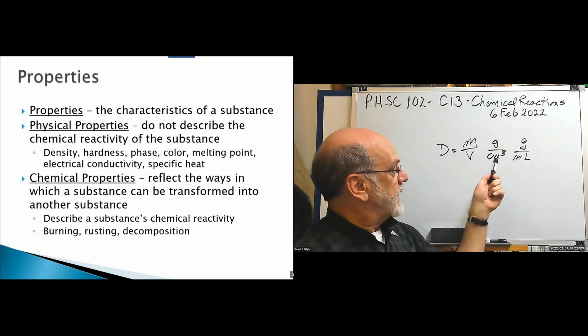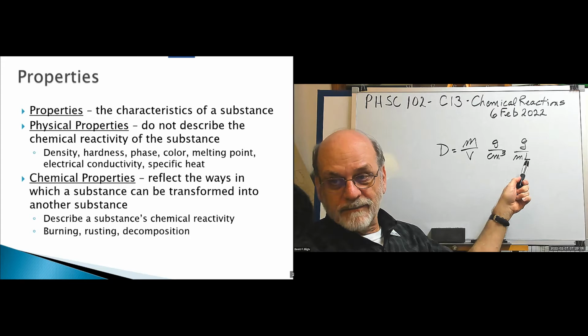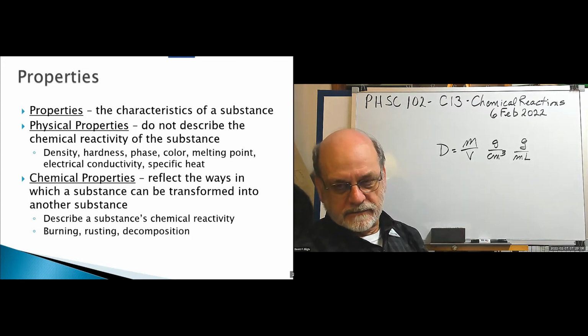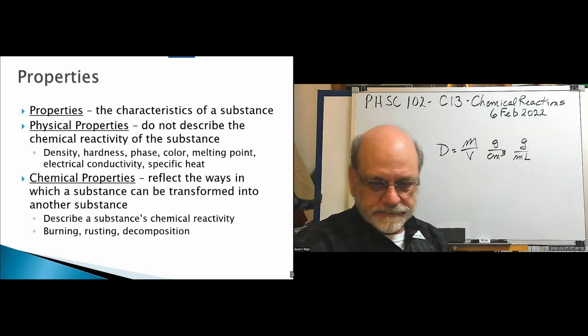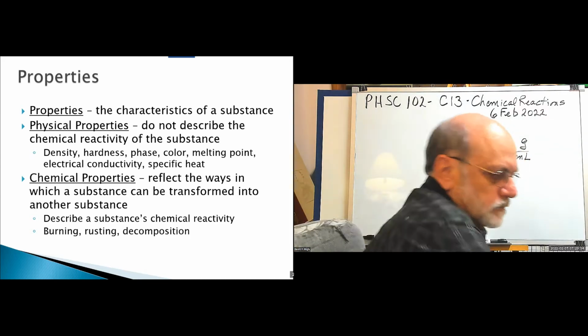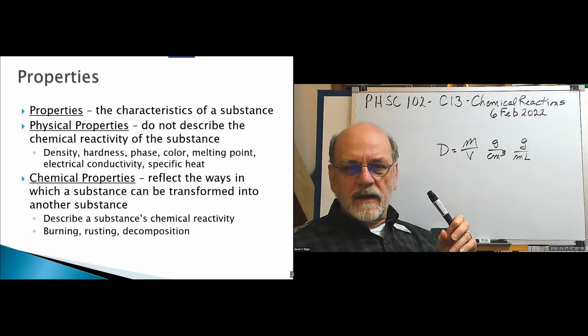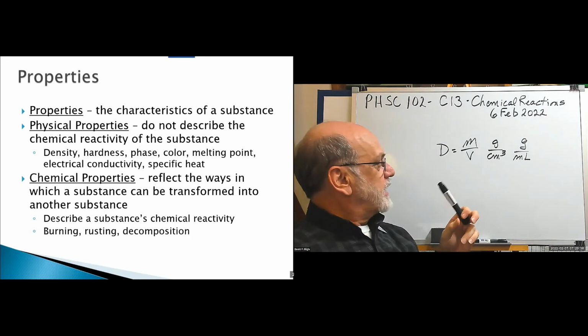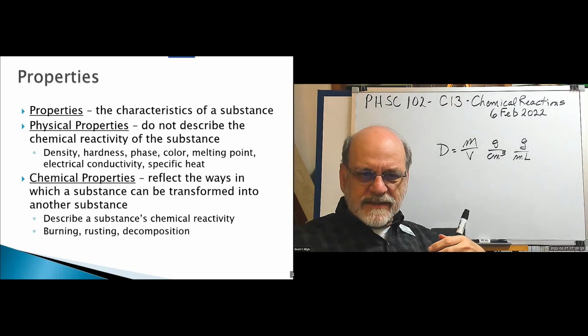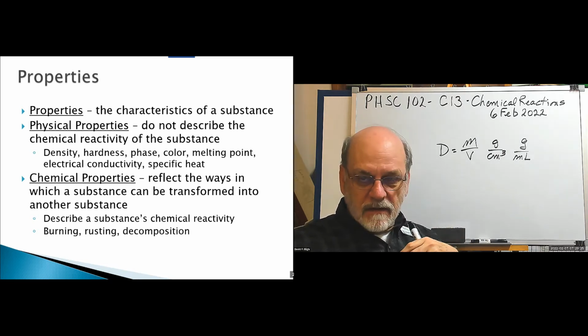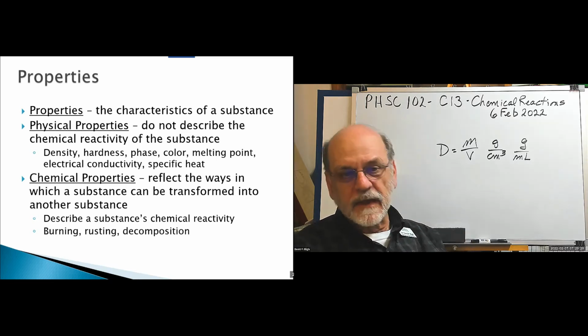The reason being that a cubic centimeter and a milliliter are identical. They're just different ways of expressing the same thing. Okay, so density is a physical property. Density implies no actual change of the substance.